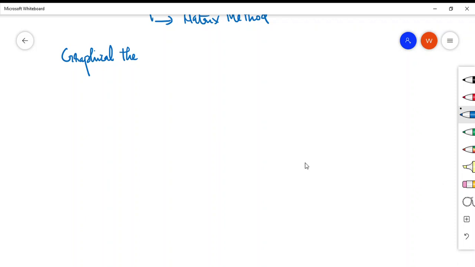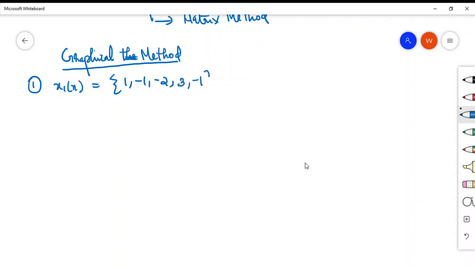I am just solving one problem so that you can get a clear idea how to perform circular convolution. You are provided with two signals: x1 of n is equal to 1, minus 1, minus 2, 3, minus 1. The second signal x2 of n is equal to 1, 2, 3.